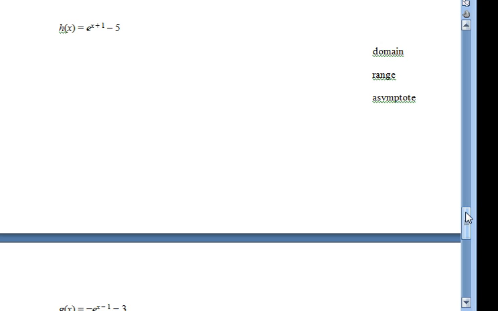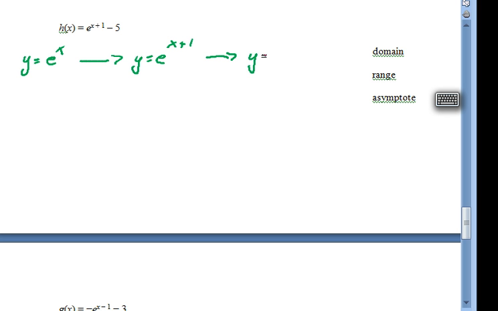The next one is h of x equals e to the x plus 1, minus 5. Rather similar to the last one. We start with y equals e to the x. We replace x with x plus 1. And then we subtract 5 from the result.